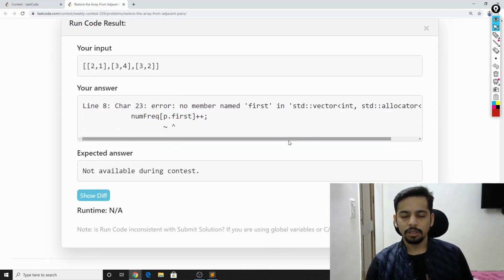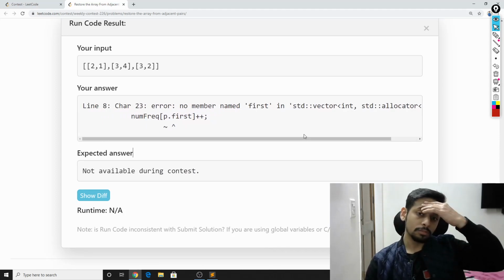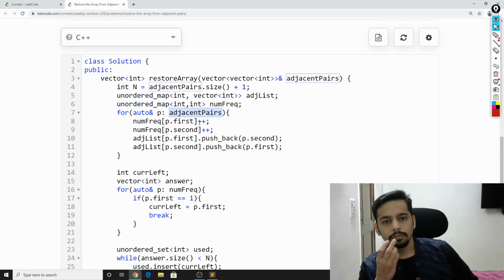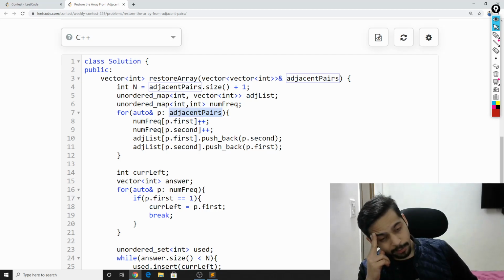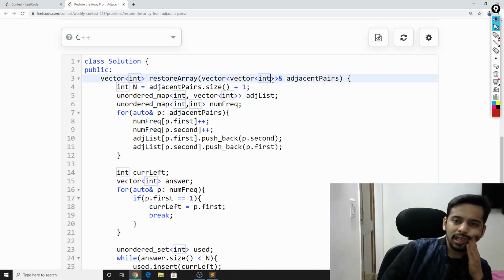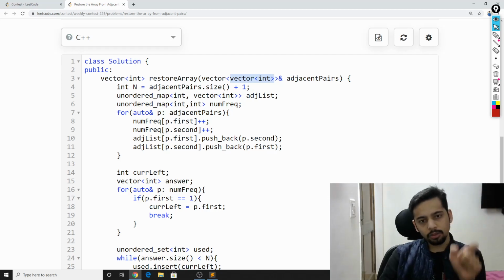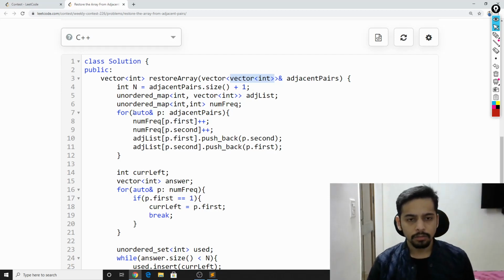No member named first in std vector int, std allocator int. I said for every auto p belonging to adjacent pairs. I was expecting, what am I expecting? I'm expecting to go over the two vectors one by one, right? That is what I'm expecting.